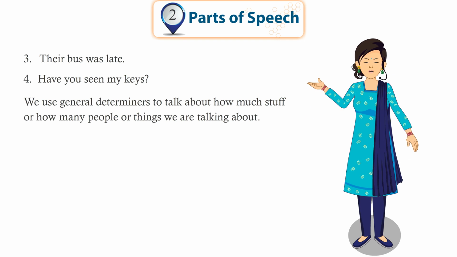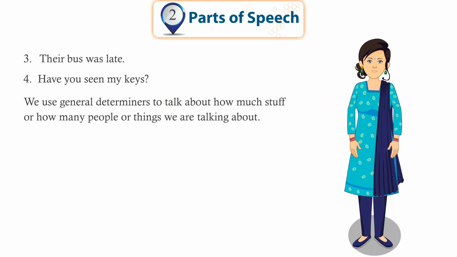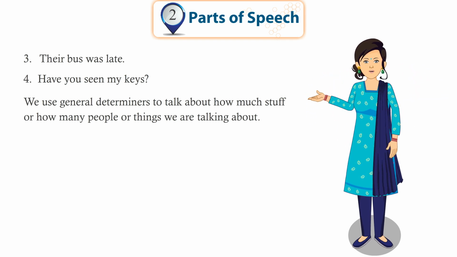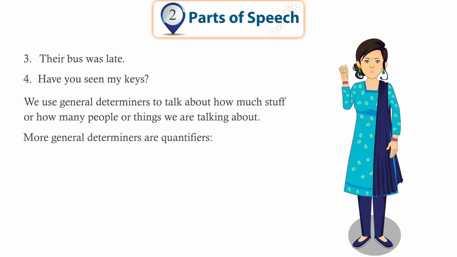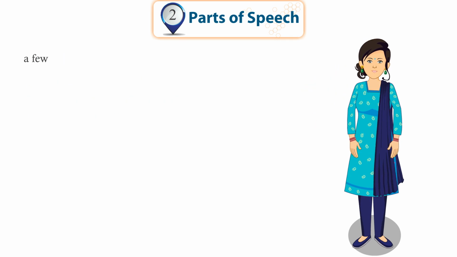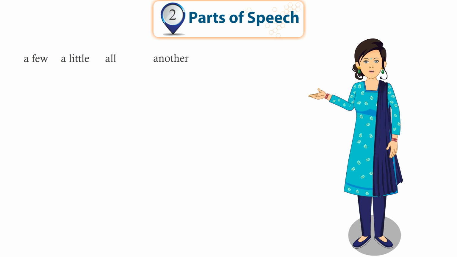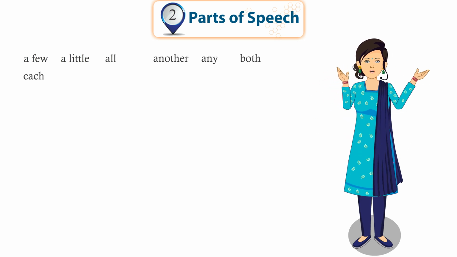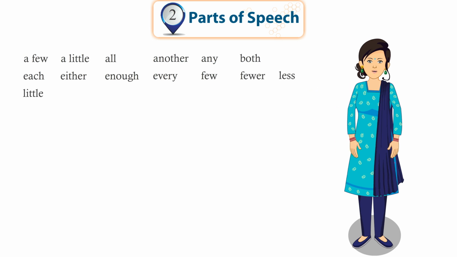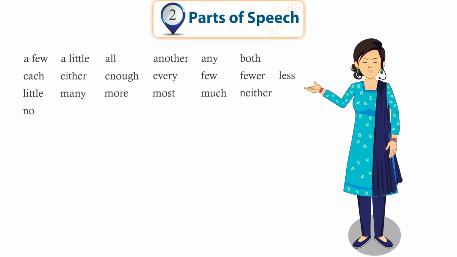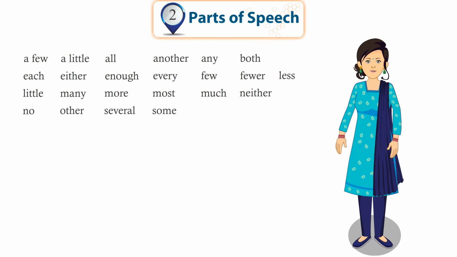We use general determiners to talk about how much stuff or how many people or things we are talking about. More general determiners are quantifiers: a few, a little, all, another, any, both, each, either, enough, every, few, fewer, less, little, many, more, most, much, neither, no, other, several, some.